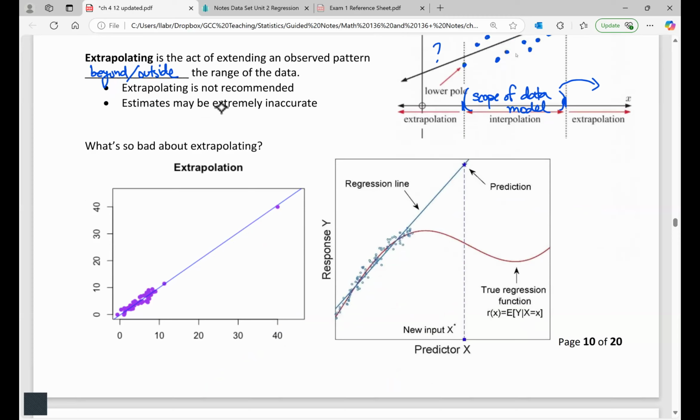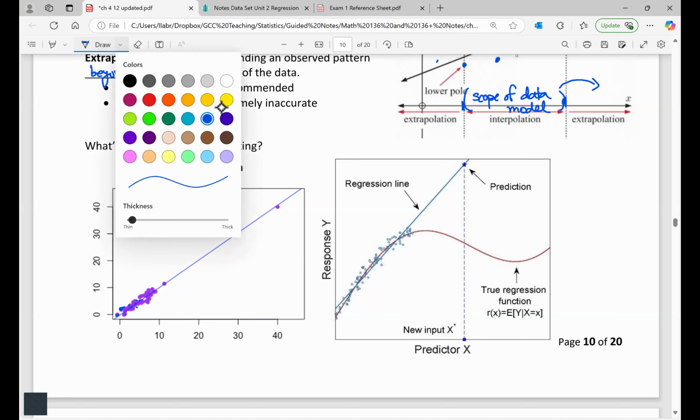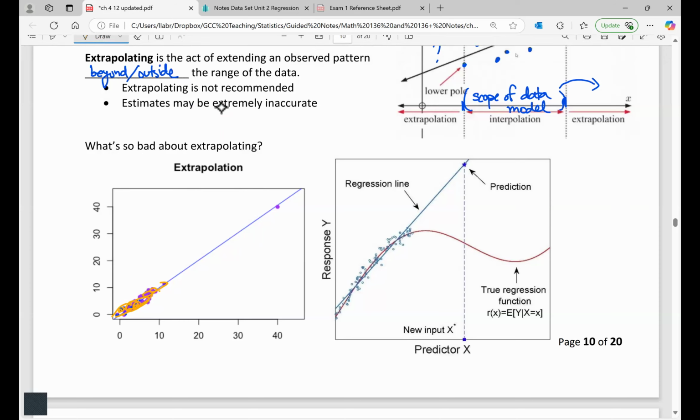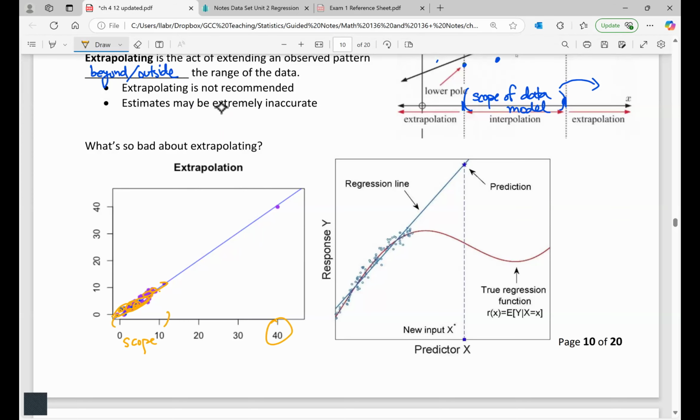If my data shows this pattern here, then maybe if you extrapolate, so in other words, here's your scope of the data or scope of the model, then if you wander out and you get a value like this, then that's amazing. You essentially have the same pattern outside of that data.